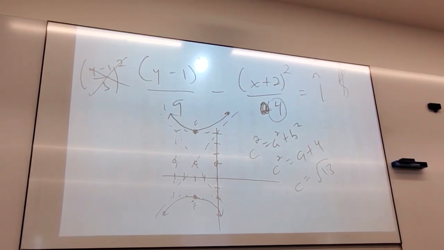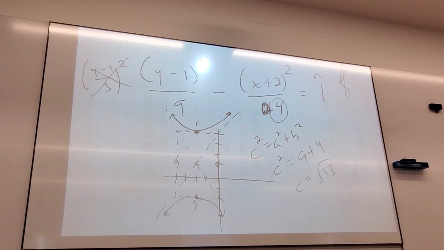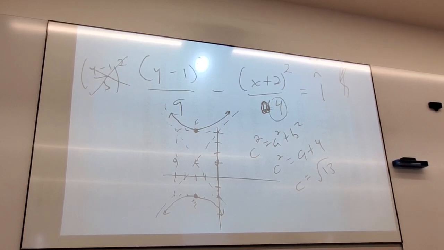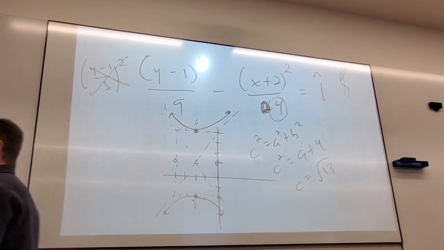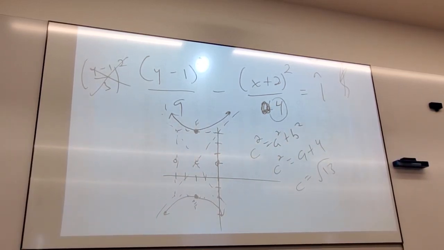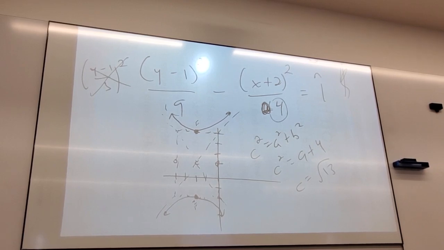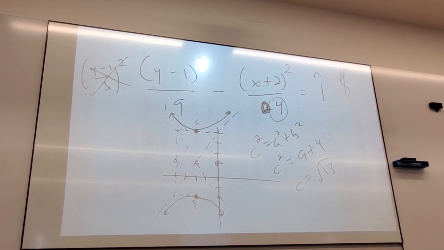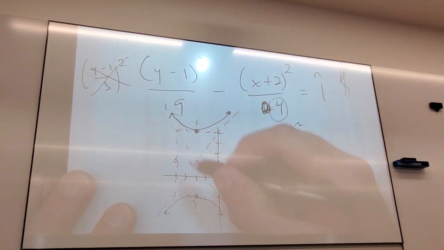Was that hard to do? Yeah. To make the picture? It's all about counting over and around. There's some kind of a rule about which way the hyperbolas are going to go, this way or that way?